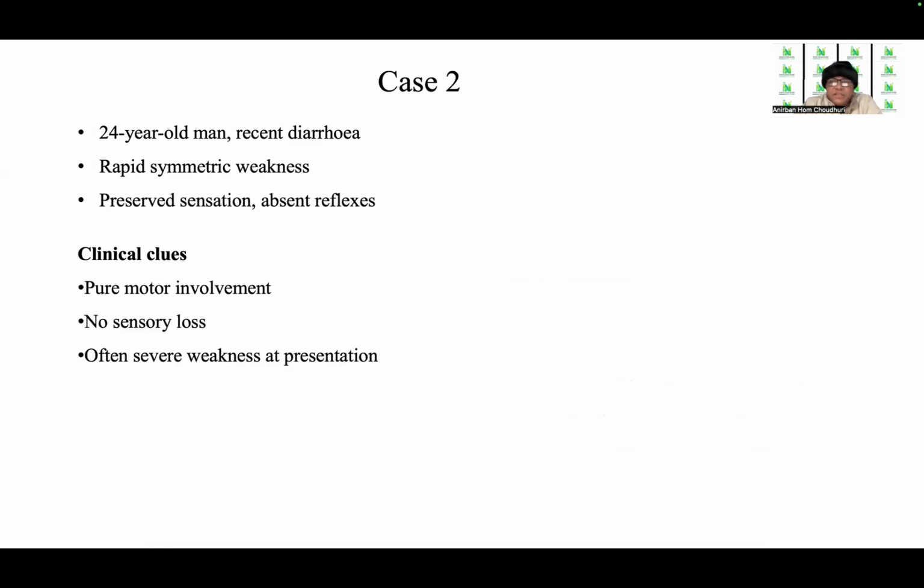Coming to the second case, it is a 24-year-old man who had a recent history of diarrhea and shows rapid symmetric weakness with preserved sensation. In the previous case, the sensation was affected, but here sensation is preserved, with absent reflexes. The clinical clues would be pure motor involvement with no sensory loss and often severe weakness at presentation.